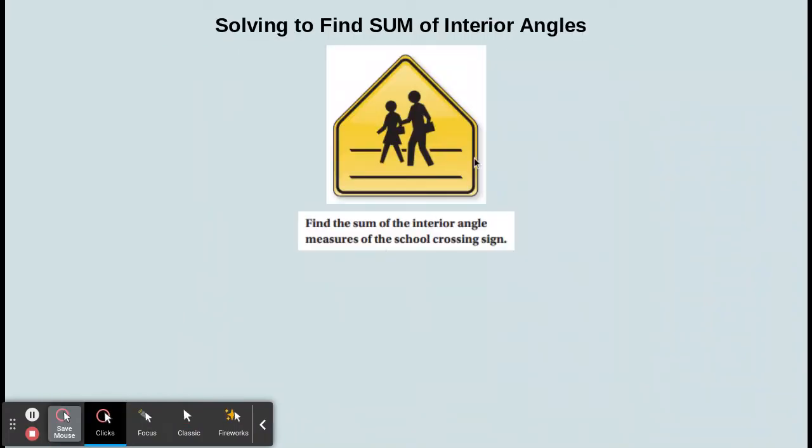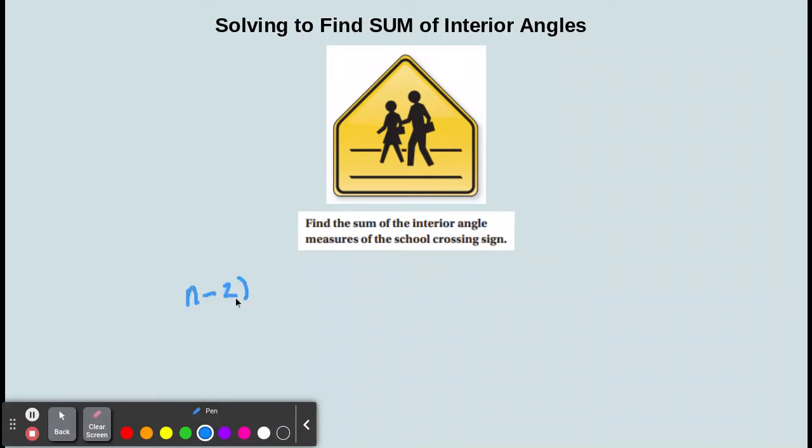So here we have a 5-sided figure. It's a sign of students or children crossing the street, also known as a school crossing sign, right? This has 5 sides, so in order for us to find the sum of the interior angles, we need to use our formula of n minus 2, all of that times 180.